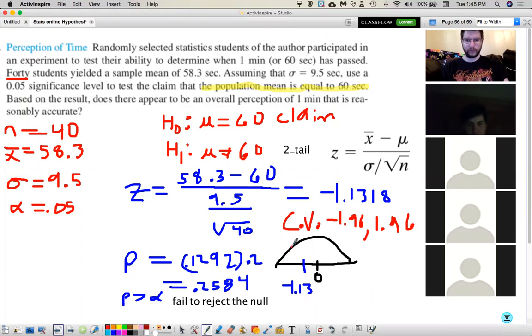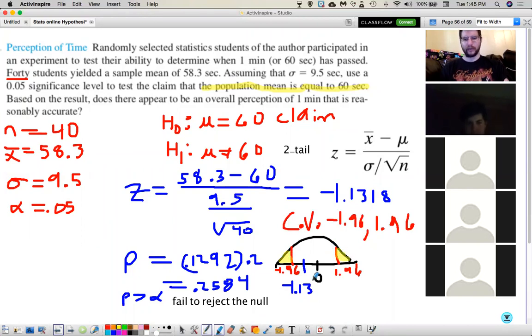I put those on here. Well, that's to the left of that, so I'll put it right there and there. And I shade the tails. Always shade the tail, don't shade the middle.